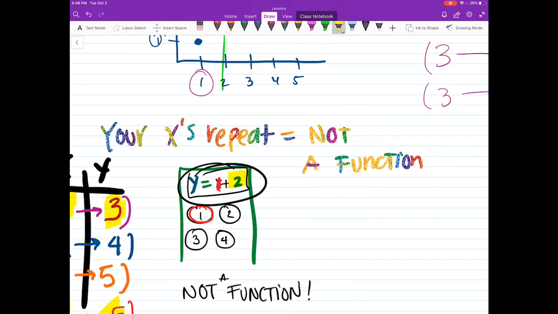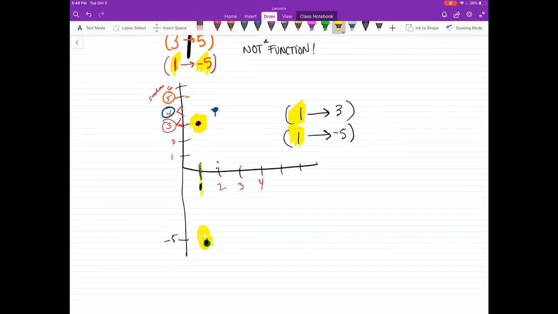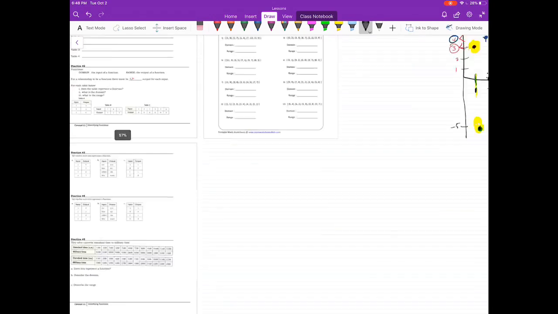Because if your x's repeat, your relationship does not function. Did you repeat your x there and your x there? Yes. So your relationship is not going to function. Okay? All right. Let's go look at some examples.